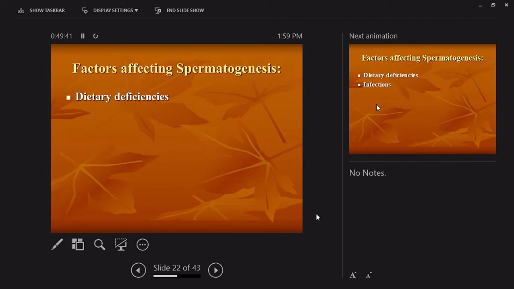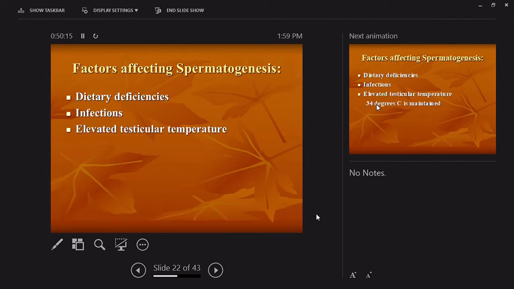When you have had infections, these are not absolute, but when all of these factors are in you, then you have a greater chance of being sterile, or there will be a problem in the production of mature sperm cells. So you have infections, elevated testicular temperature.